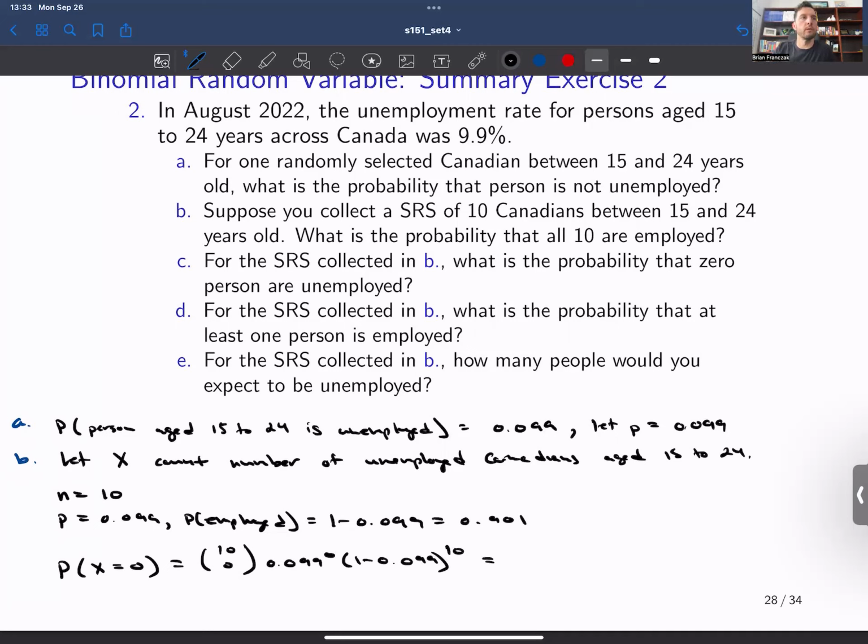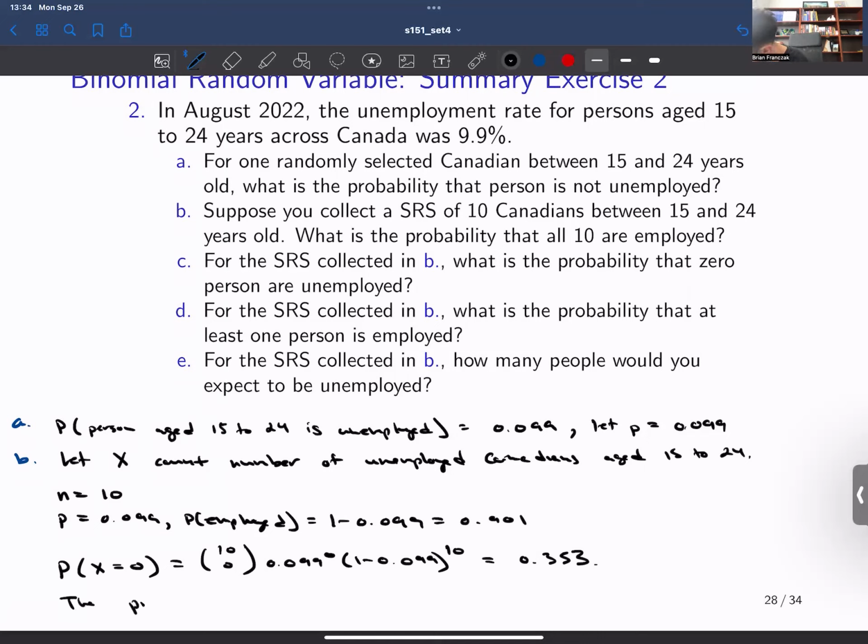If we do it that way, we end up with 0.353. So the probability that all 10 Canadians are employed is 35.3%.